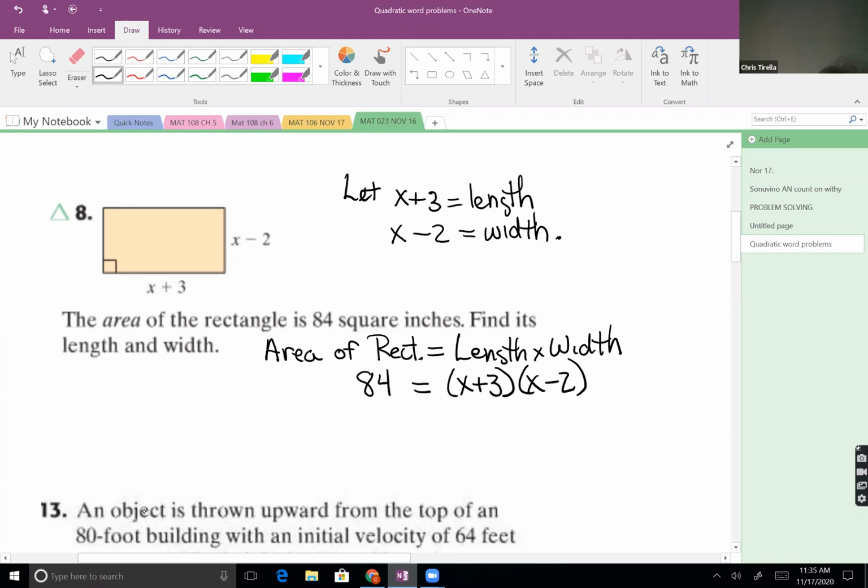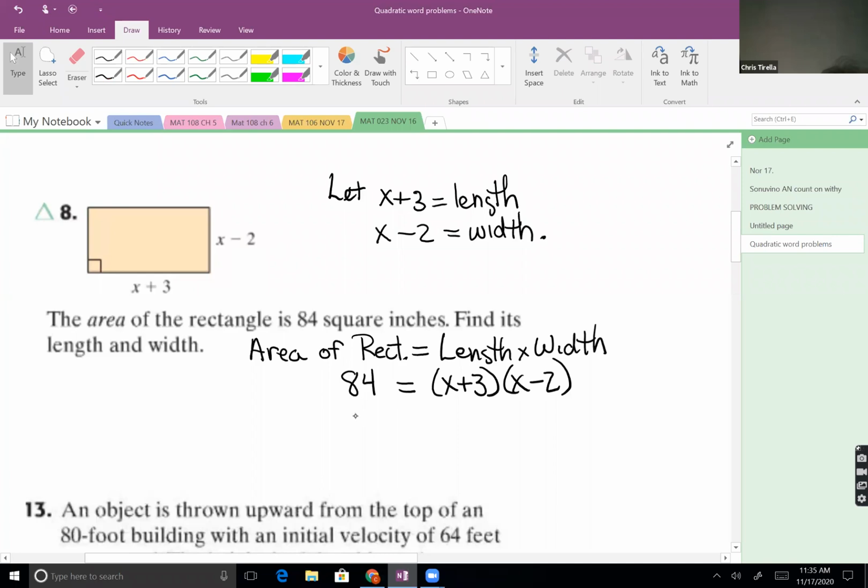Now this looks an awful lot like that problem that we had, where one side was factored already, but we didn't have 0. So in order to solve this equation, first thing we're going to have to do is multiply out what's on the right.